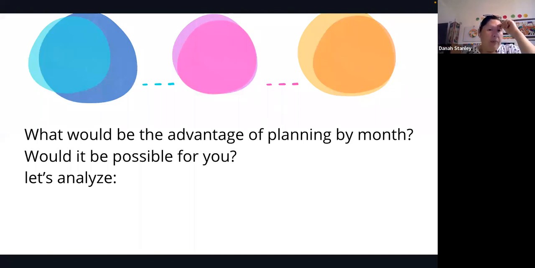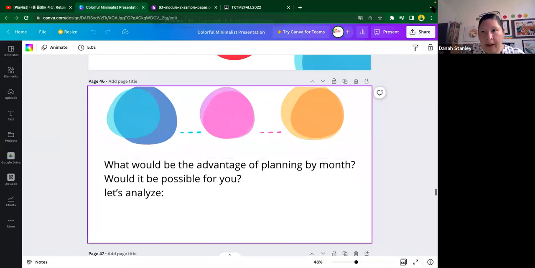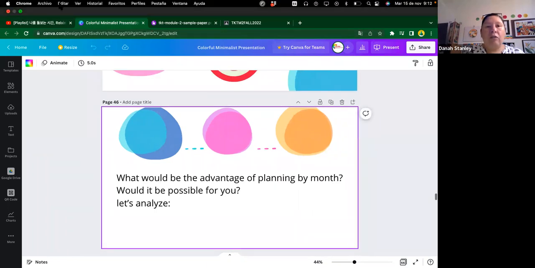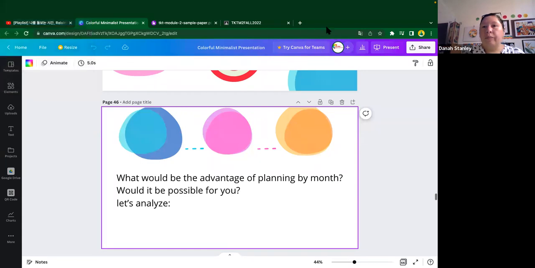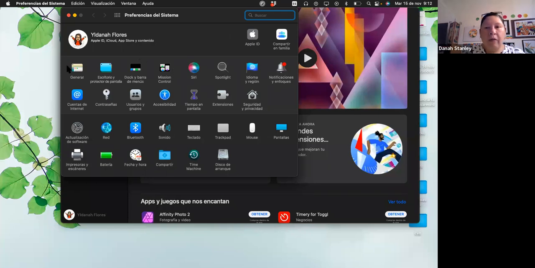So please share with me what would be the advantage of planning by month or by week or by module or unit. I mean, not individual lessons, but a bunch or a series of lessons. What will be the advantage?